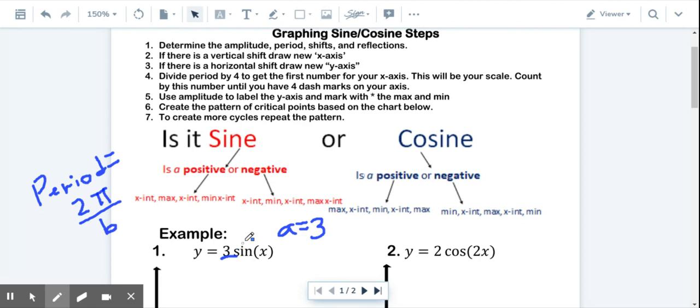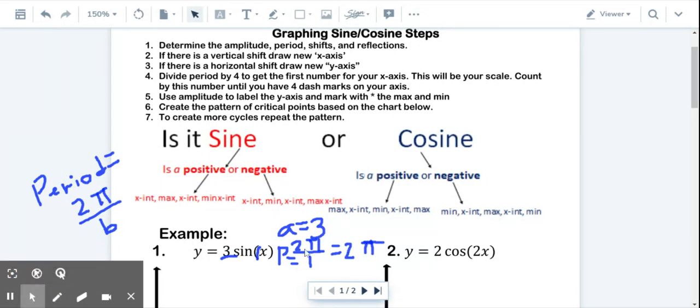Usually these go in alphabetical order, a, b, c, and d. Sometimes d comes in the front, but we don't have to worry about that for right now. So 2 pi over b, my b is 1 here. So this would be 2 pi over 1 equals 2 pi, and that's my period. So my period is 2 pi.